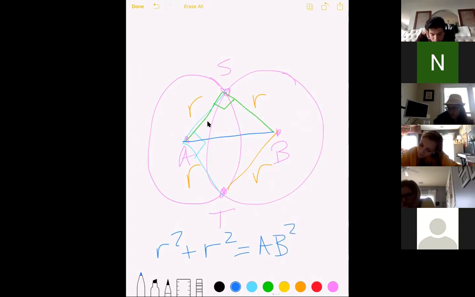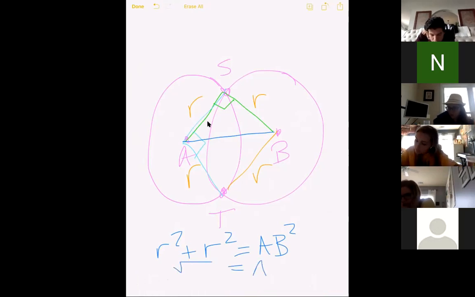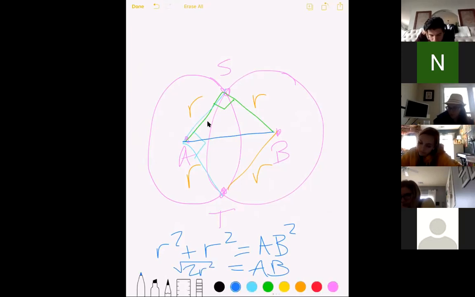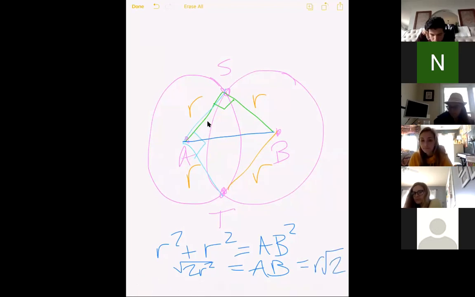And so it's the square root of 2R squared, which I guess you could simplify to be R square root 2 as well.